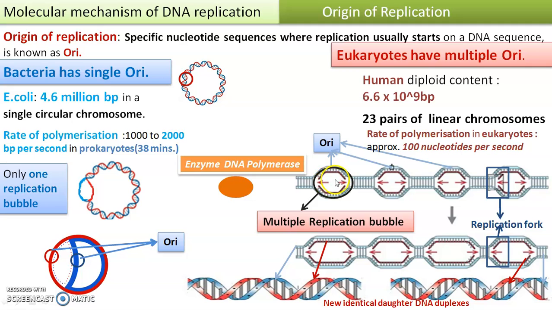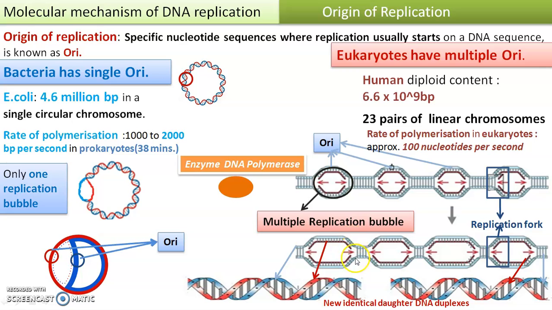Hydrogen bonds are disrupted and the strands separate, giving a Y-shaped appearance. Here it is still wider, more opened. That means helicase is going on cutting the bonds both ways, bidirectionally it will open up. So you can see this Y-shaped area as a fork. You can see the two prongs like that of a fork.